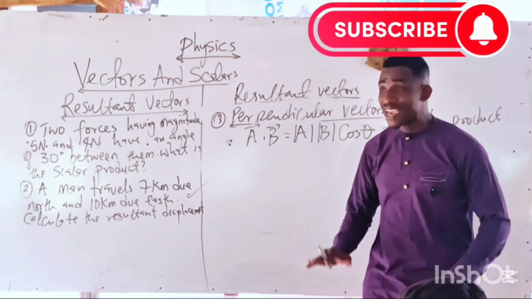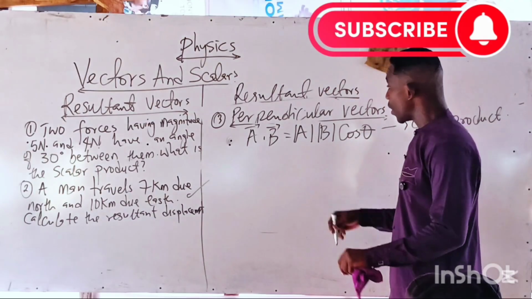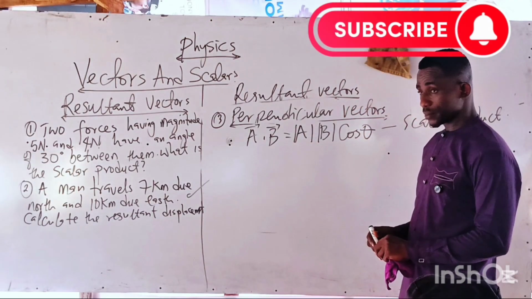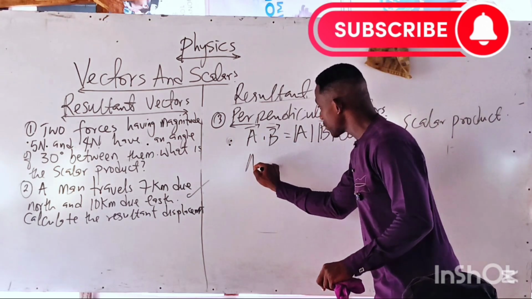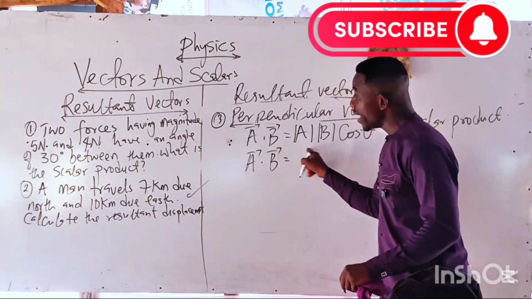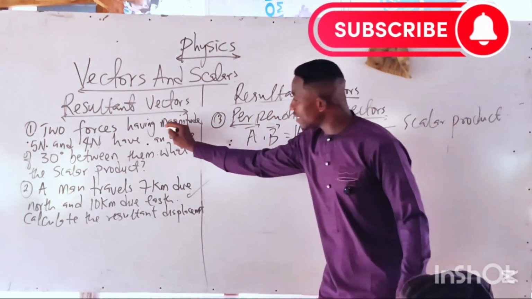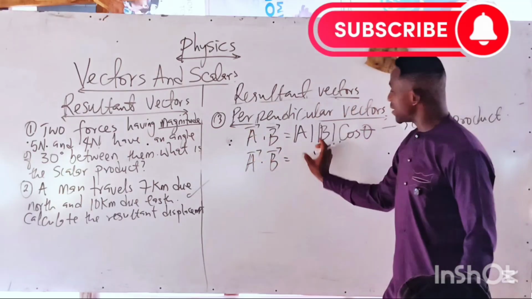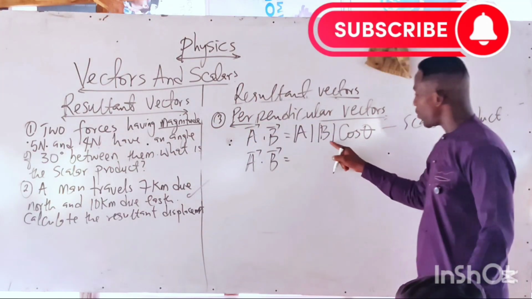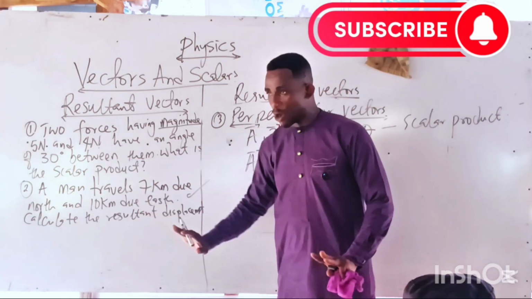But the question says find the scalar product, and the scalar product is A dot B. So what is A? Not ordinary A, but magnitude of A. See the word here, magnitude, and this is the symbol for magnitude. And magnitude of B is 4. And the angle between A and B is 30. I hope it's clear now.